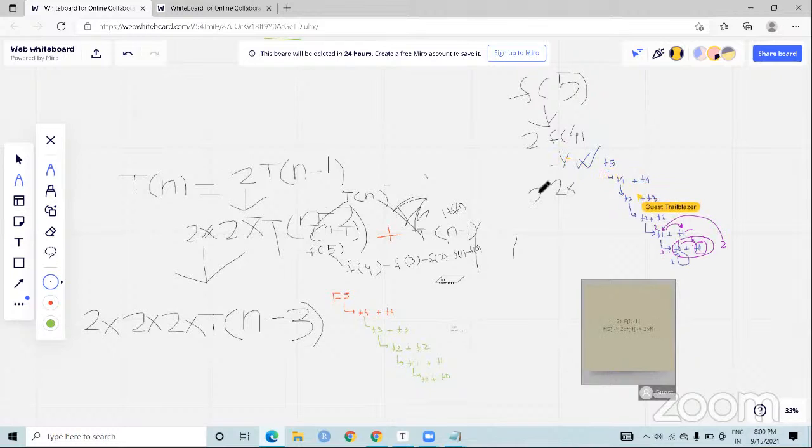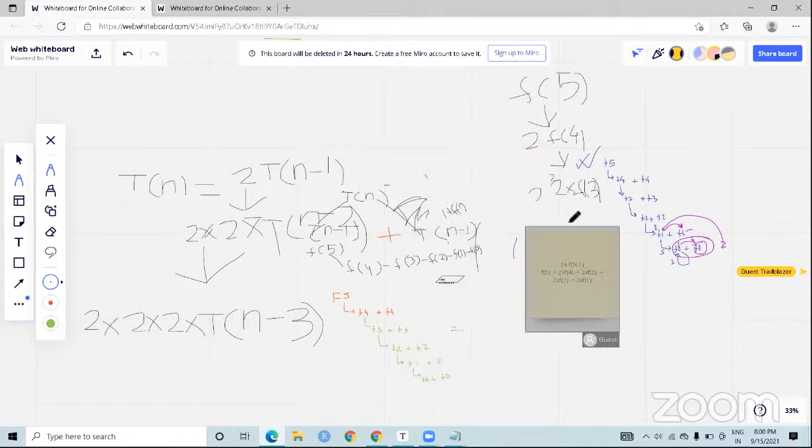So what will be the next step here? It will be 2 to the power 2 f3, and then 2 to the power 3 f2.